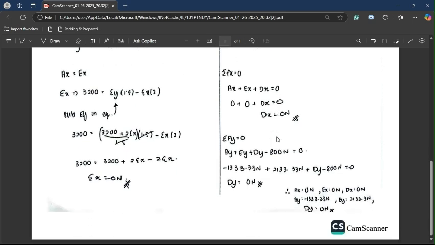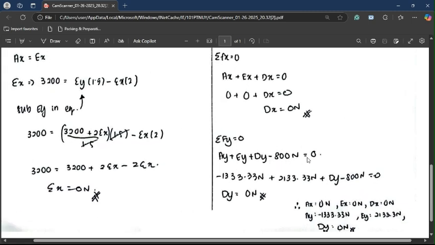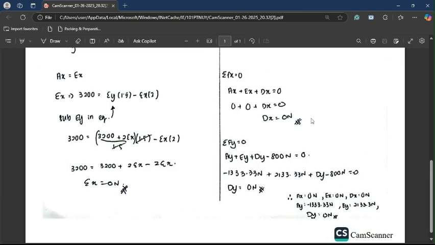Okay, so for the value of dy, we're going to use the same formula. But here we're going to minus 800, why? Because there was an external force pointing down. So as usual, Ay plus Ey plus Dy minus 800 Newton equals 0.